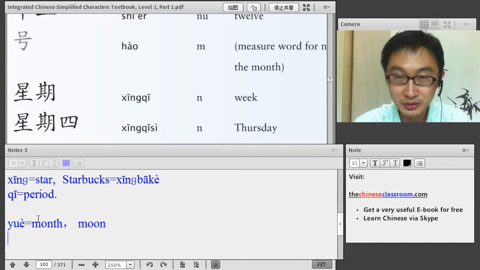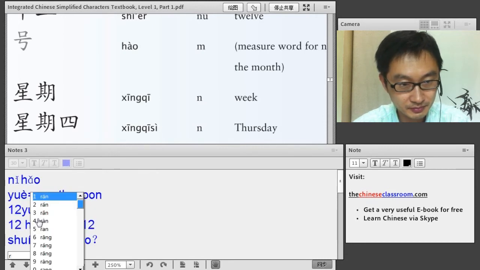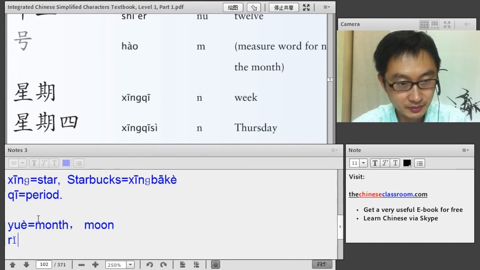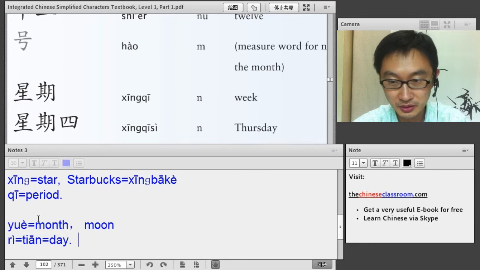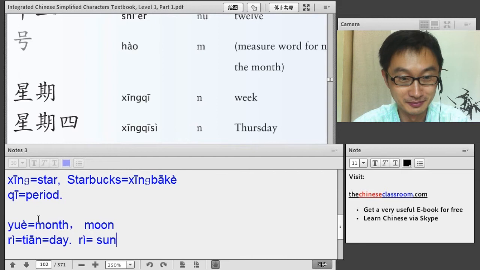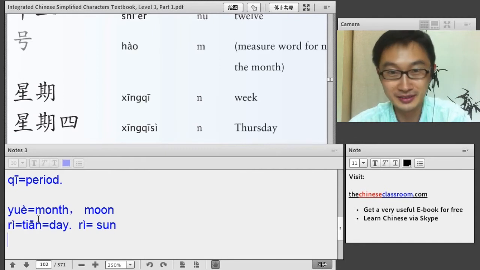And how do you say day in Chinese? We will say 日 or 天, that means day. And the character 日 also means sun. So then you know the month is the moon and the day is the sun.